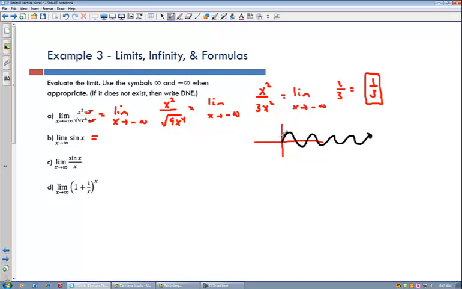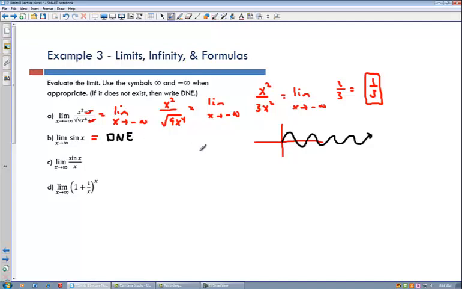So the idea is if you look far, far, far out to the right, as you go to infinity, what does the sine function do? Well, it continues to go up and down between -1 and +1. So it never actually settles on anything. So it never actually approaches any number because it keeps going up and down between -1 and +1. So because of that, we say this limit does not exist.